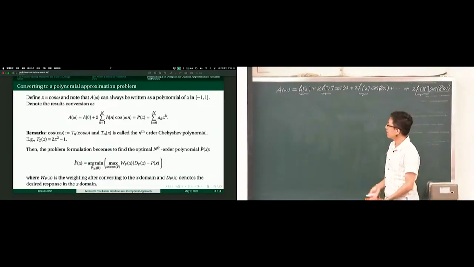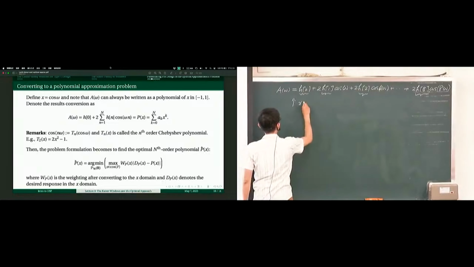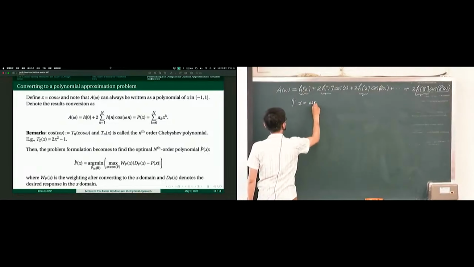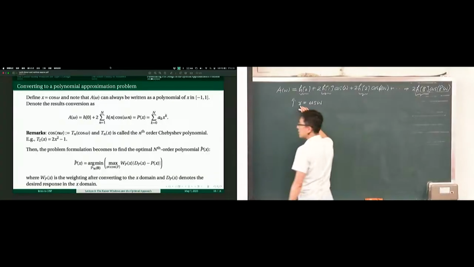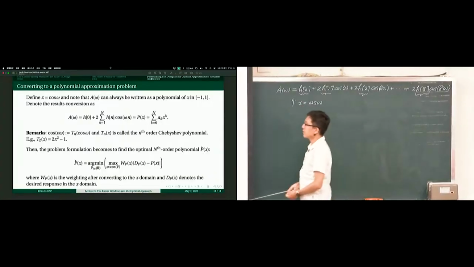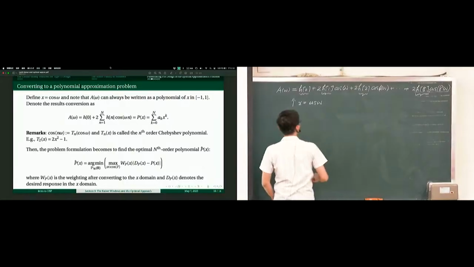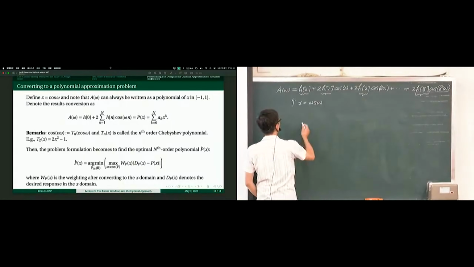And now I say that if we denote cosine omega as x, it turns out that A of omega can be converted to a polynomial of x. But how do we do that?